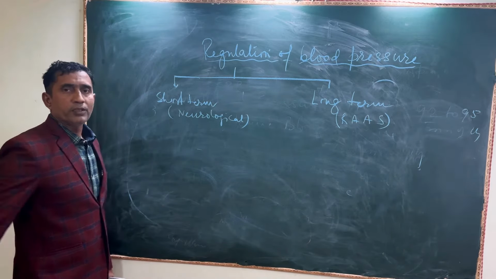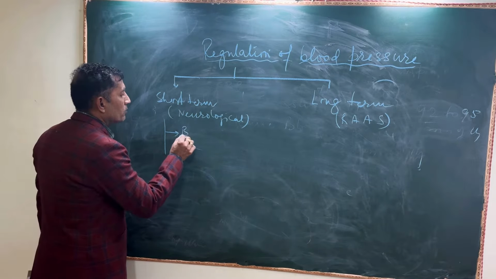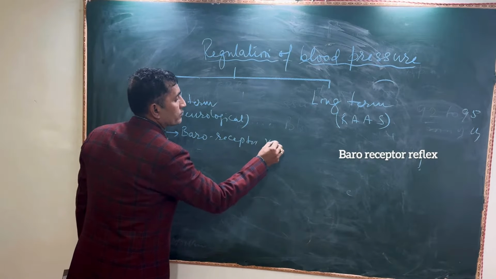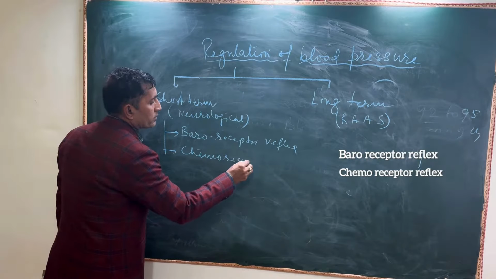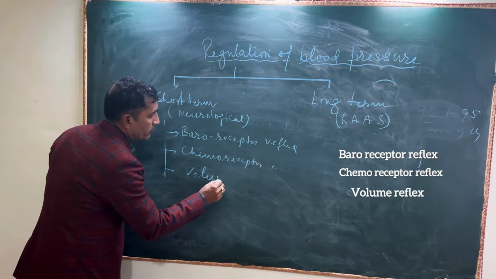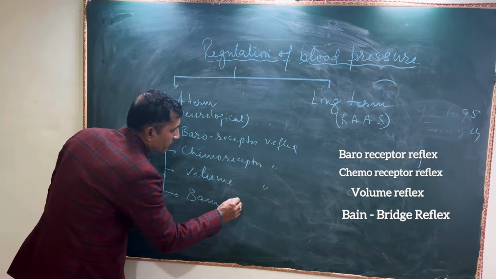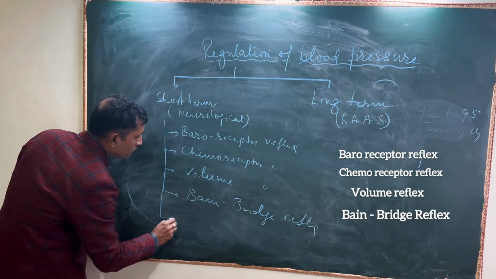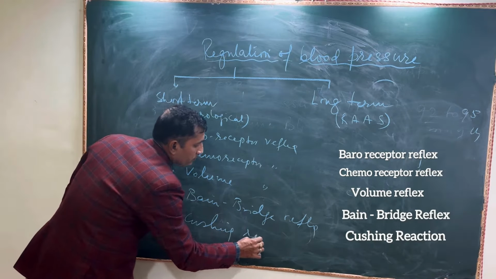Now in this short-term regulation, we'll have to talk about the baroreceptor reflex, then the chemoreceptor reflex, then the volume reflex, then the Bainbridge reflex, and then the Cushing reaction.